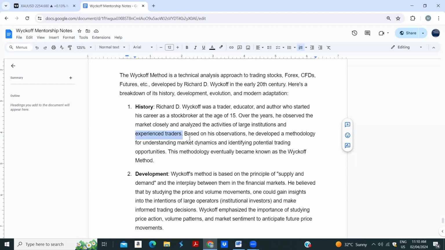Based on his observations, he developed a methodology for understanding market dynamics and identifying potential trading opportunities. This methodology eventually became known as the Wyckoff method. All right, so it's very simple to understand, right?